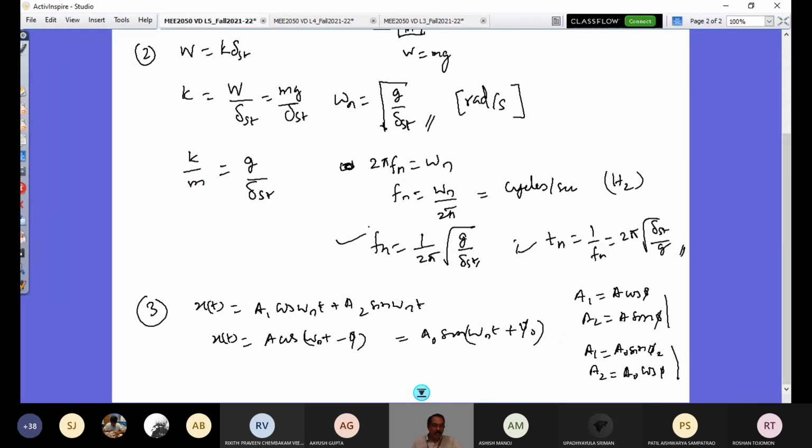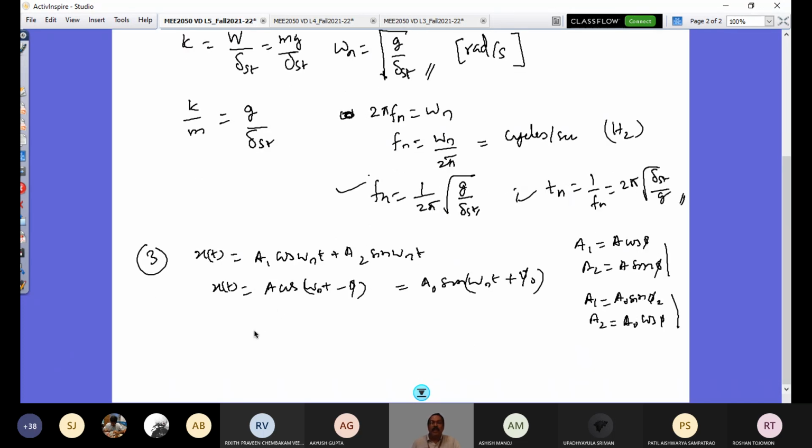And of course, the summary is that your A or A naught is not going to change, and that would be given by the root of x naught squared plus (x dot naught by omega n) whole squared.